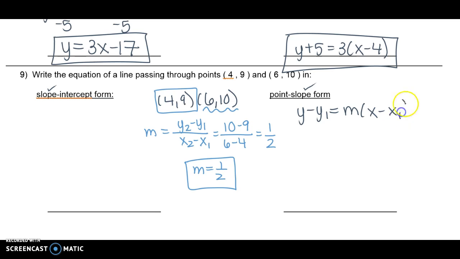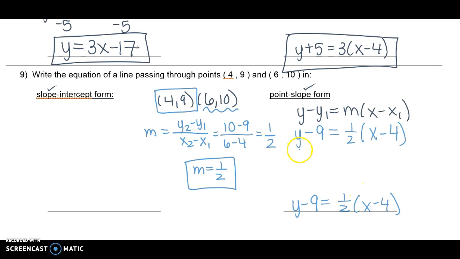So I'll start with just my formula and then plug in what I know. So I know y minus, and then my y1 is 9. My slope is 1/2. x minus x1, which is 4. Close those parentheses. In point slope form, I am done. There's no additional simplifying to do.